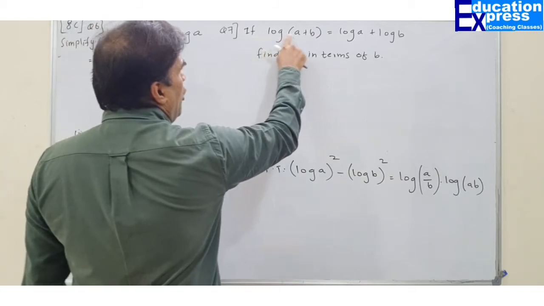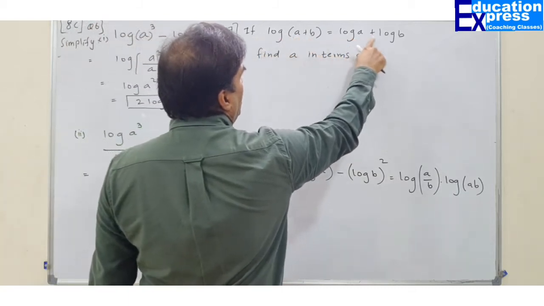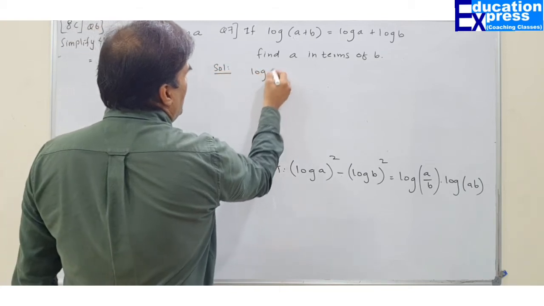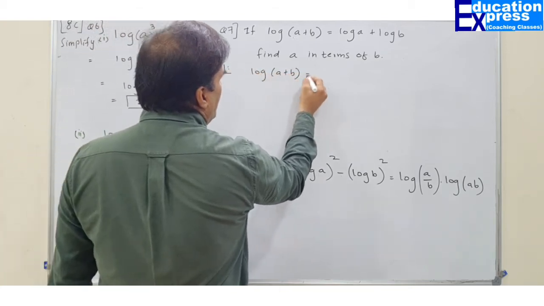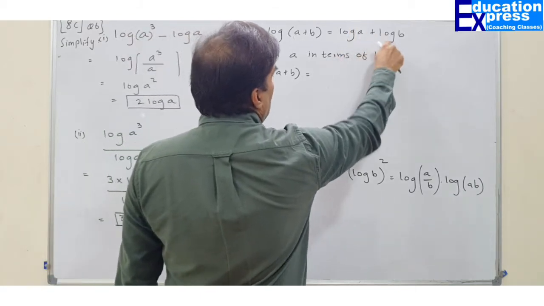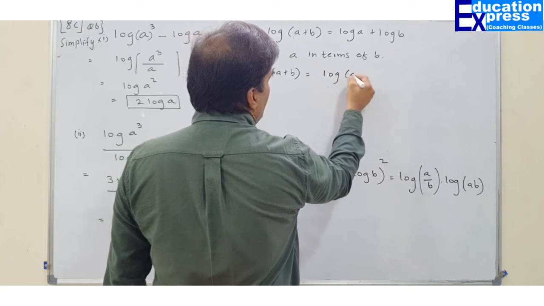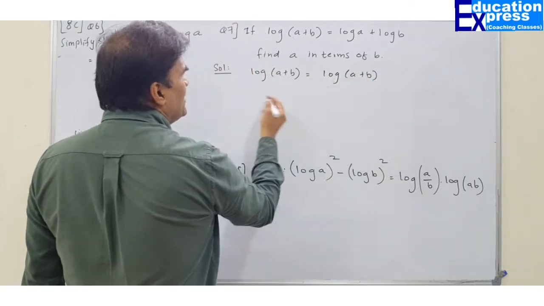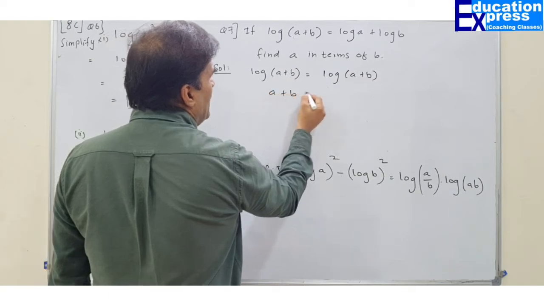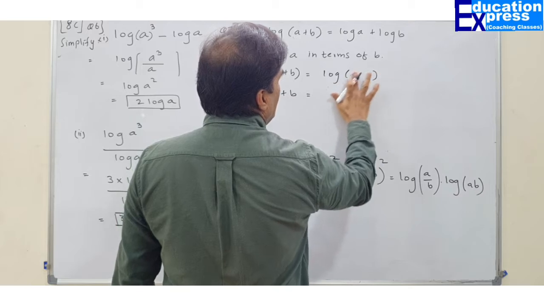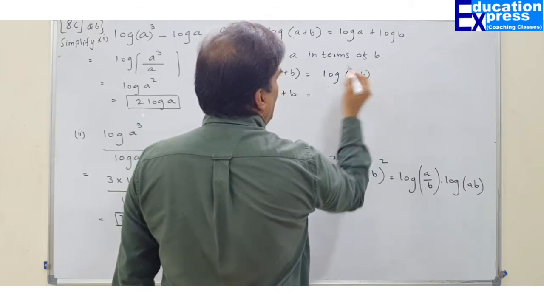Even this question is quite simple. They have given that log of a plus b equals log a plus log b. So can I say log of a plus b equals log a plus log b? Log a plus log b is log ab.